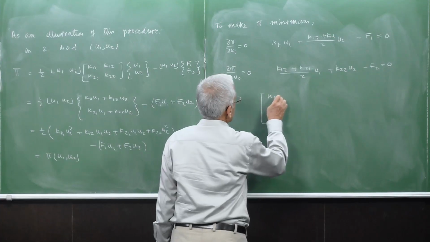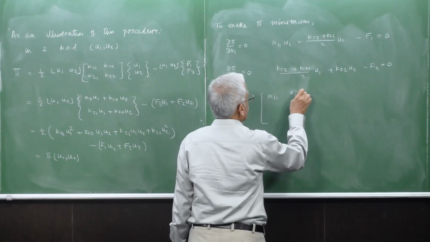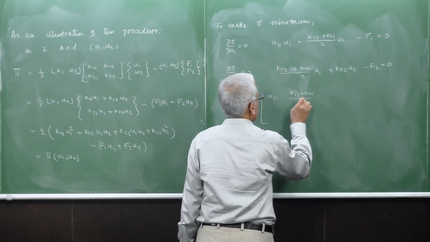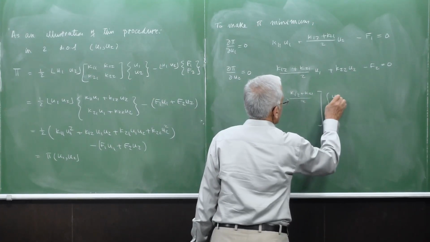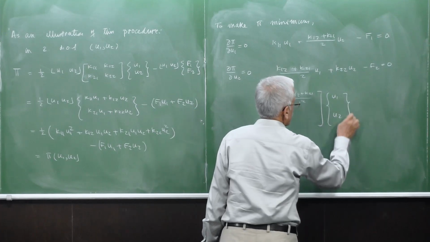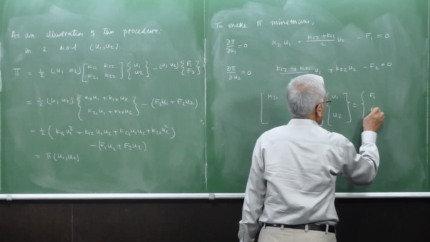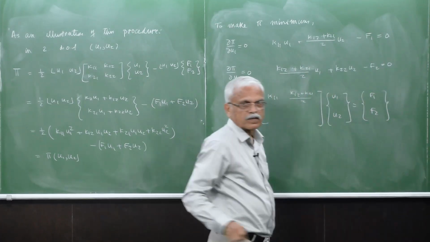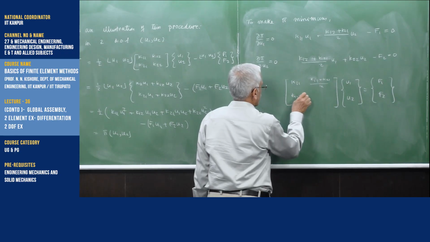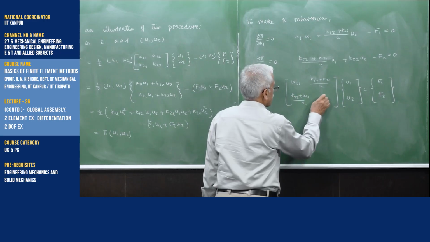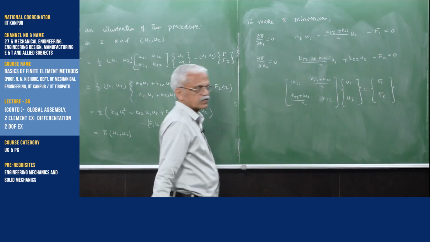It is K11 U1 plus (K12 plus K21)/2 times U2. This is the second equation too, and this is how you get it.